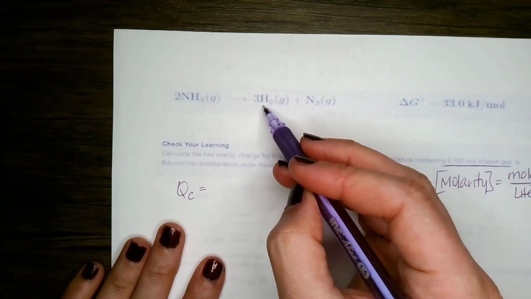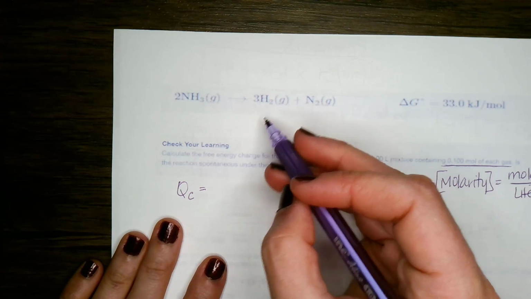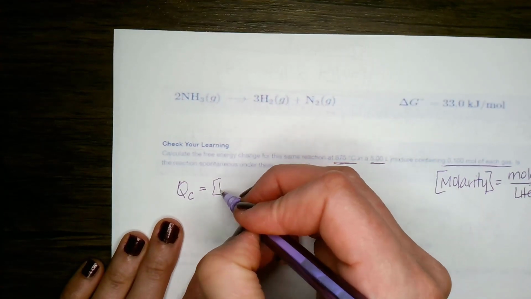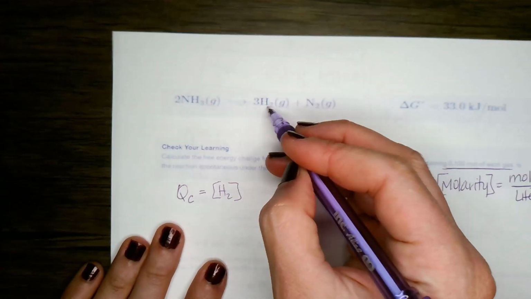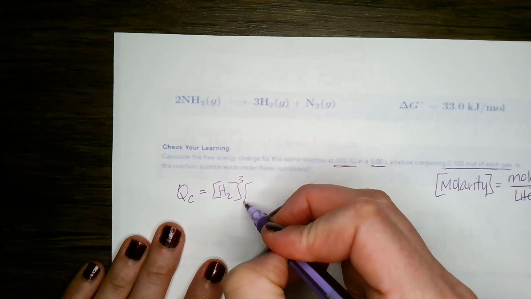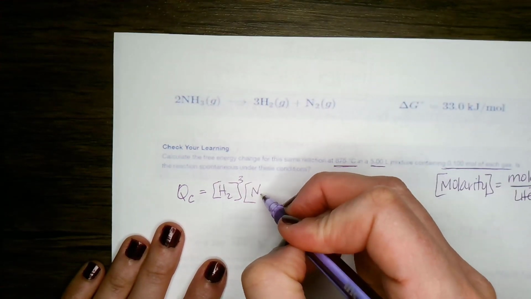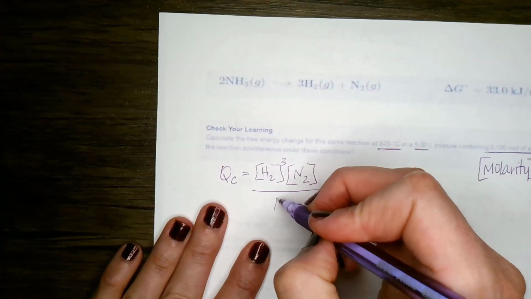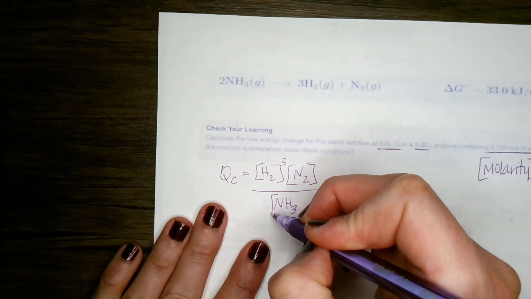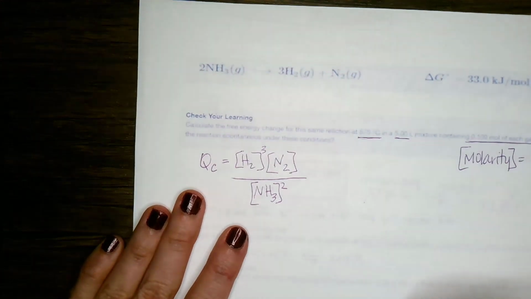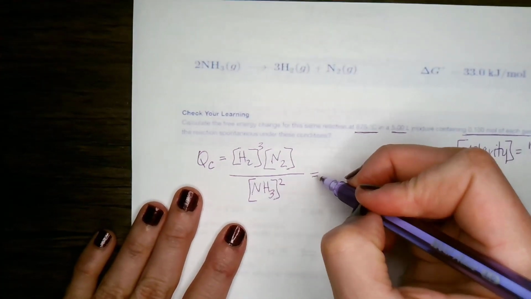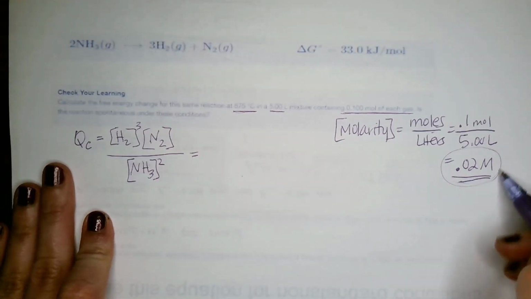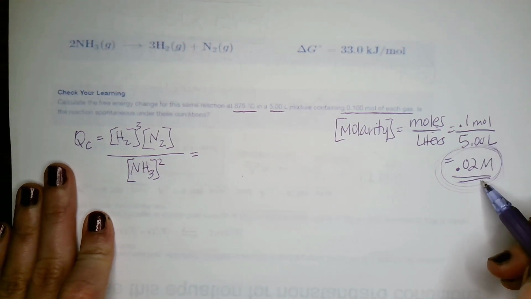This is my concentration. So now we can set up our Q, our reaction quotient for the concentration. Again, we're going to do products over reactants. So I need my concentration of H2 cubed times the concentration of N2 all over concentration of NH3 squared. Okay, and we know that this is the concentration of each of those, 0.02.